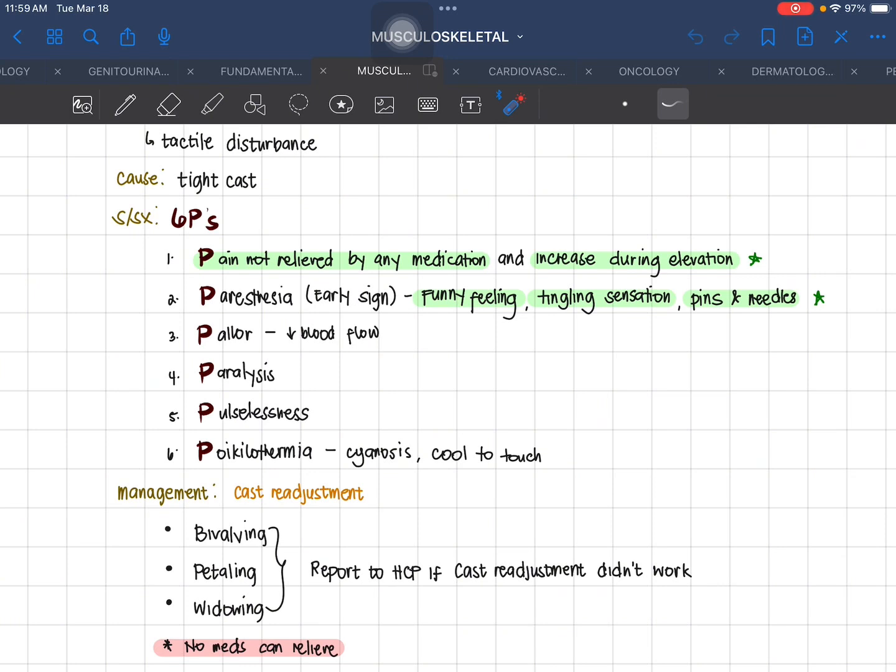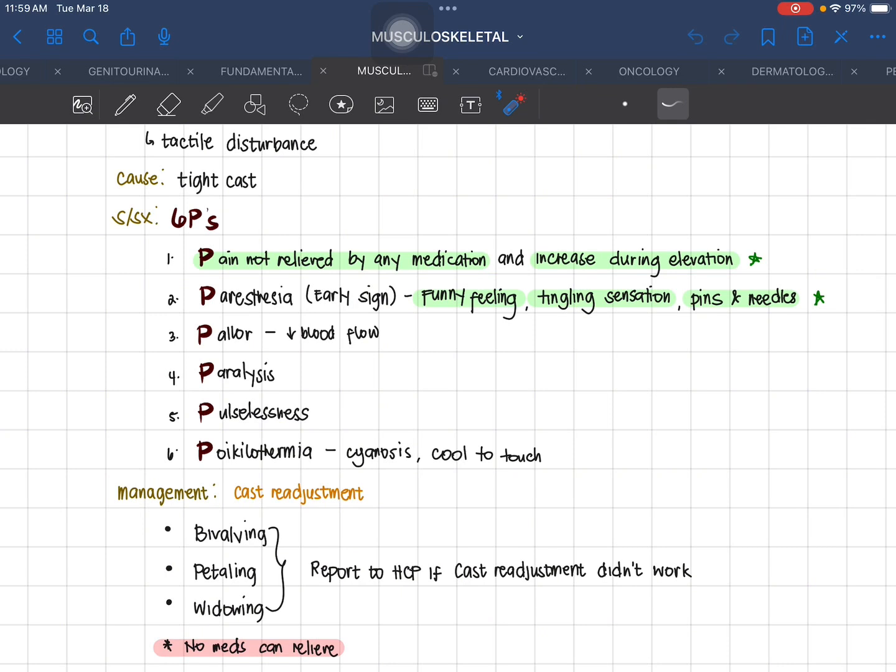Kaya, diba, ganyan sinasabi ko kanina, need mo talaga i-assess yung distal pulse. Kasi, ayan, pag may compartment syndrome, kapag in-assess mo, pulselessness. So, wala kang mapa-palpate na pulse dun sa area na yon, o kahit near sa area na yon. And lastly, is poikilothermia. Ayan.